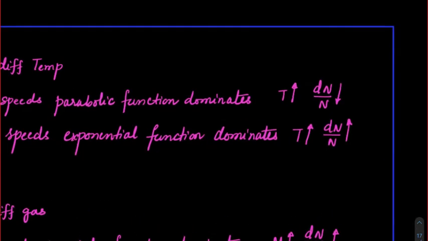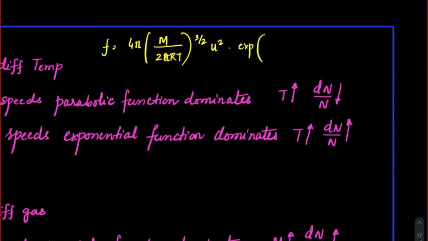Suppose I write it here: fraction is equal to 4 pi, (m by 2 pi RT) whole raised to power 3 by 2, u square into exponent of minus m u square by 2RT, into du.